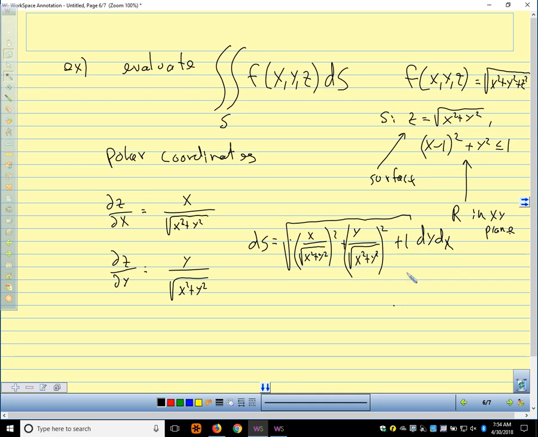What does this come out to? It looks ugly now, but it simplifies pretty nicely. We get a common denominator of x squared plus y squared, so we get 2 times x squared plus y squared over x squared plus y squared, so we just get square root of 2.